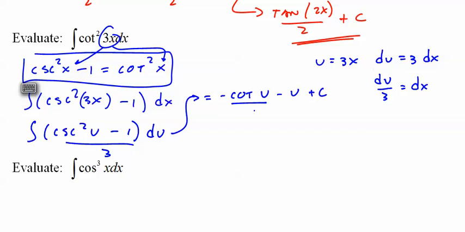This whole thing's over 3. Now I'll just put it both. Equals negative cotangent 3x over 3 minus 3x over 3, which I'm going to cancel on the spot.